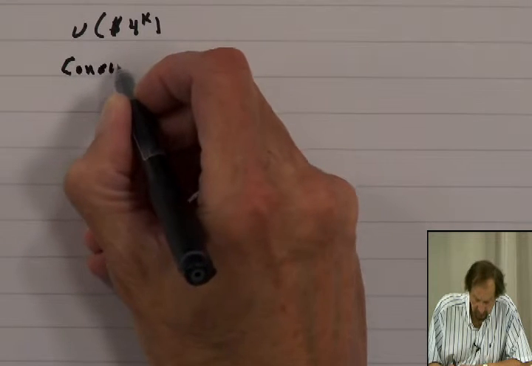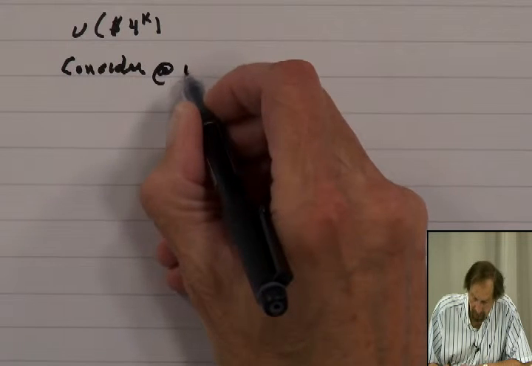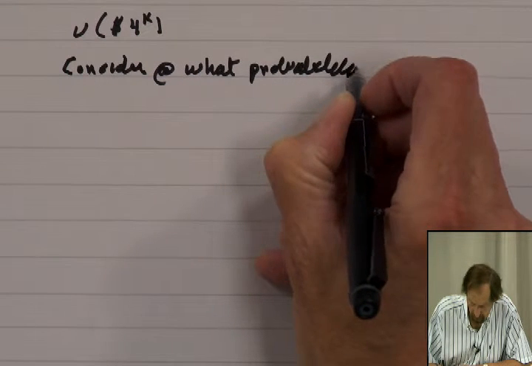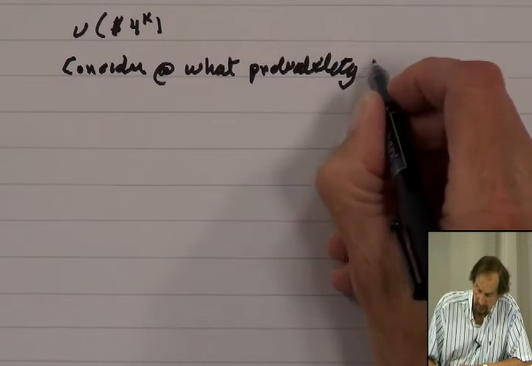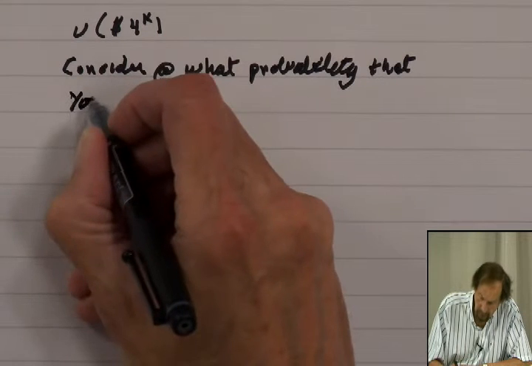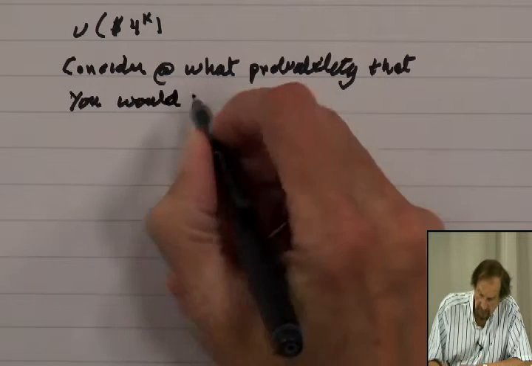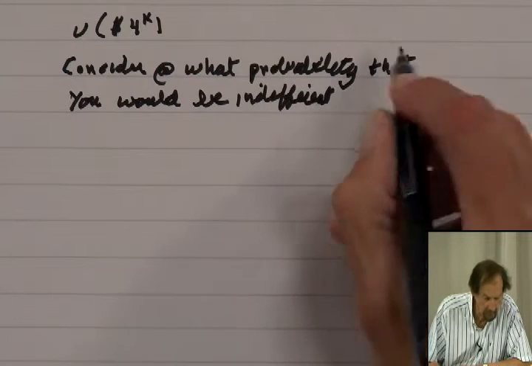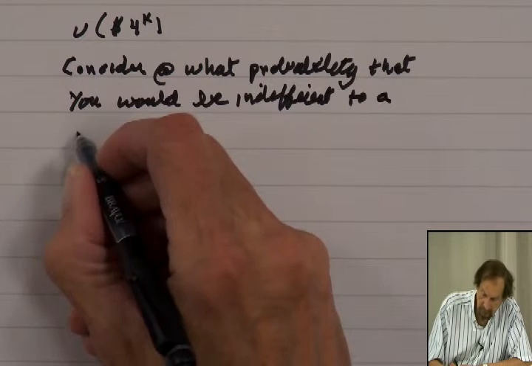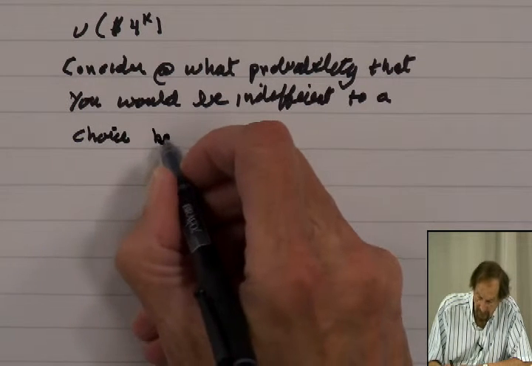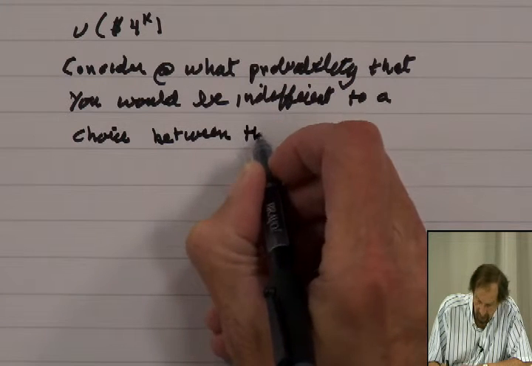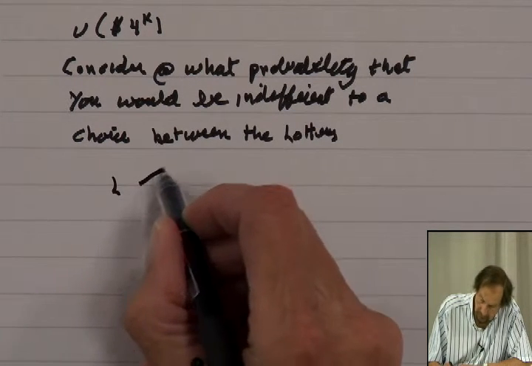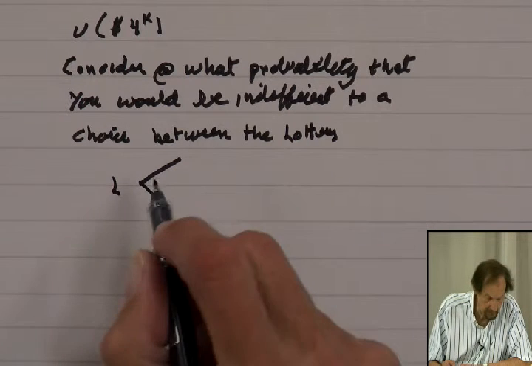Consider at what probability you would be indifferent to a choice between the lottery, and we'll call it L, and this is our lottery that was L1.